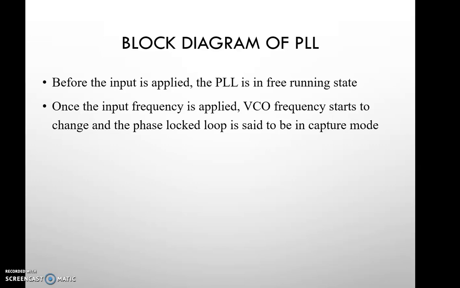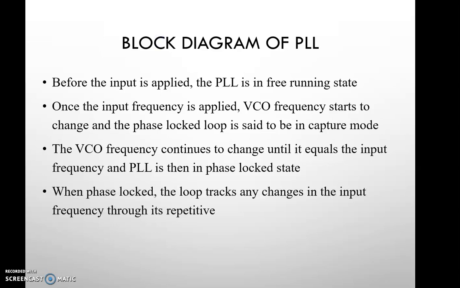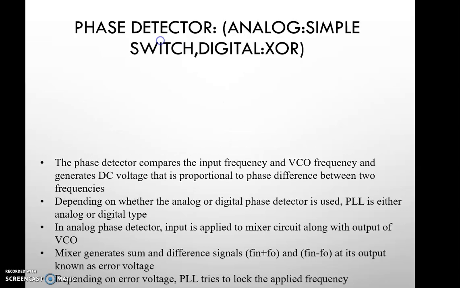When the VCO frequency continues to change until it is equal to the input frequency, when both the frequencies, input and output, are equal, that is called the phase lock state. In the phase lock state, the loop tracks any changes in the input frequency.